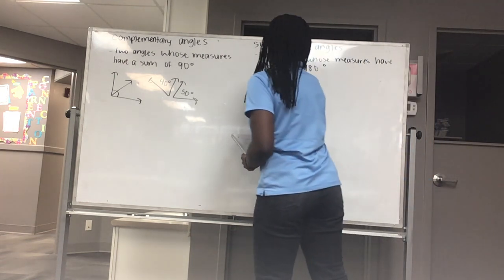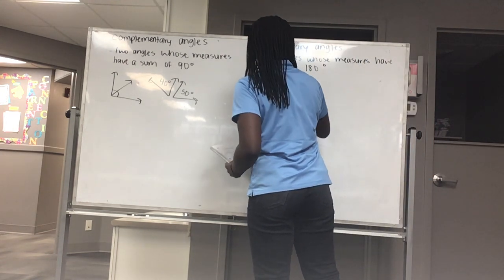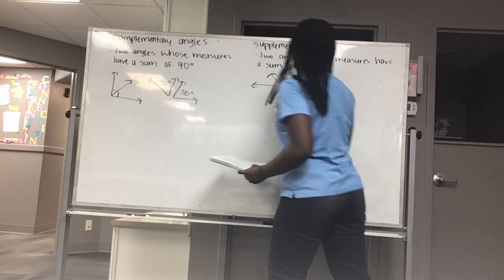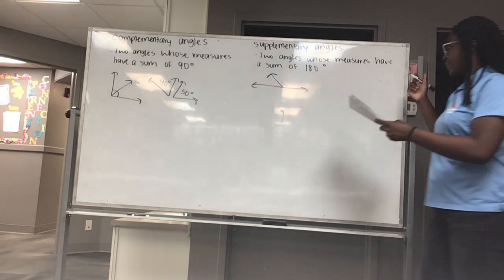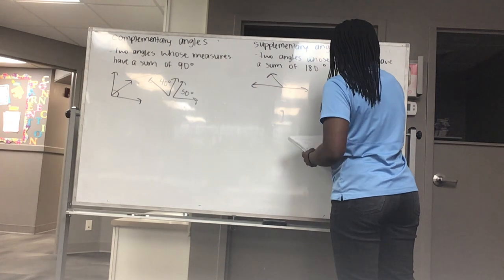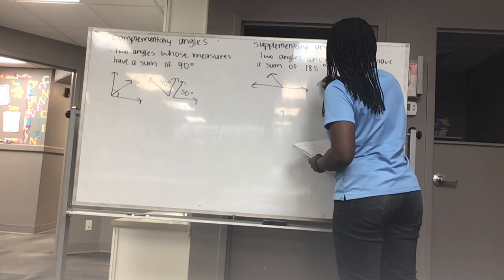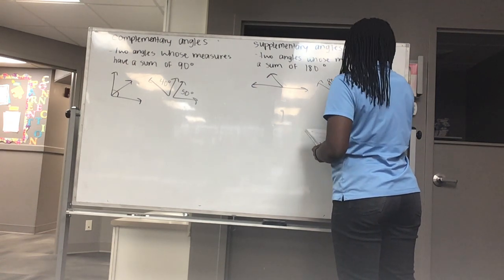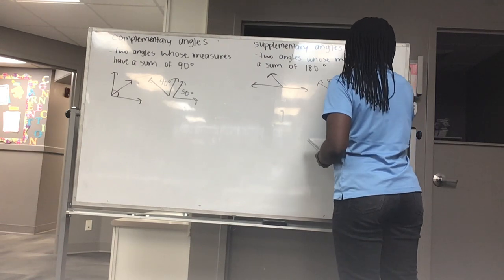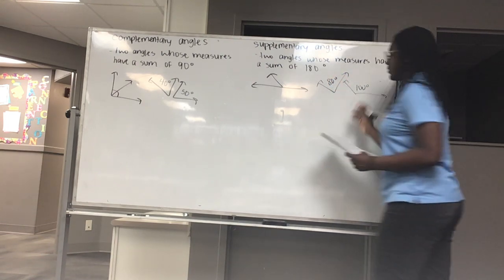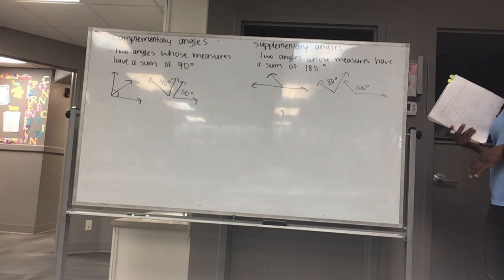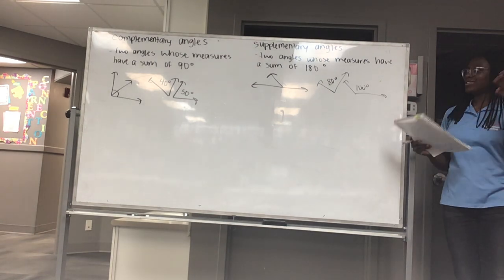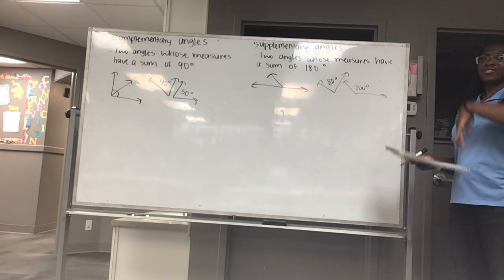So to look at that, I could have something looking like this, and then again, they don't have to be next to each other, so maybe 80 degrees here, and then 100 degrees there. Supplementary, I guess like the S sound, supplementary kind of sounds like straight line.